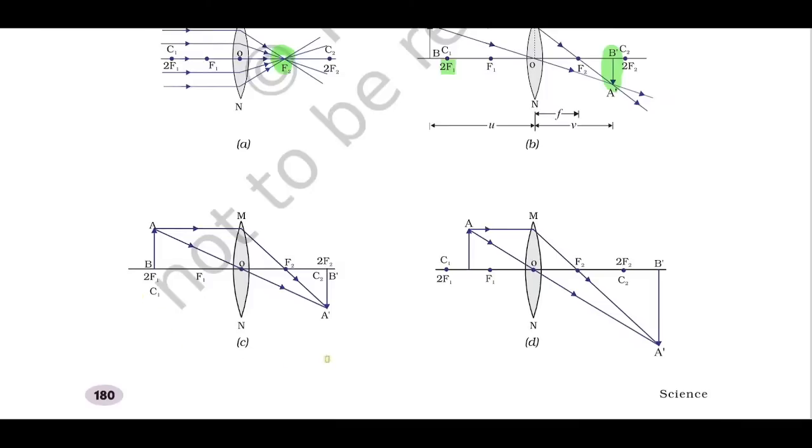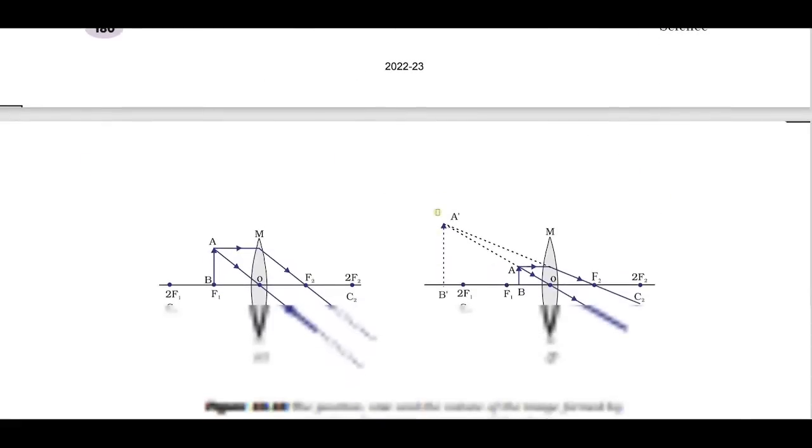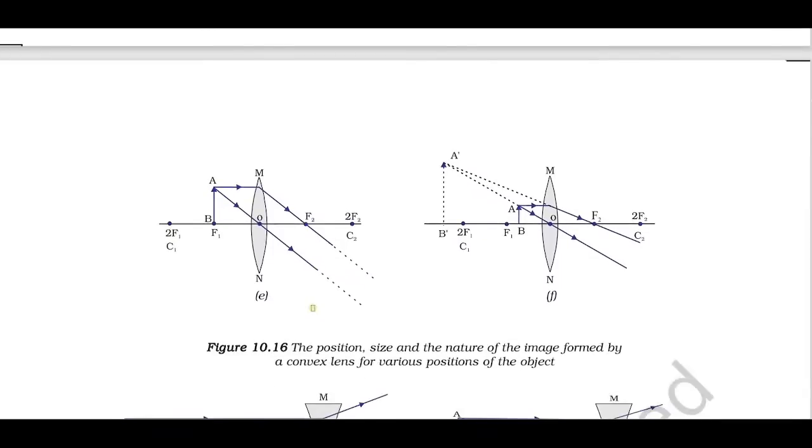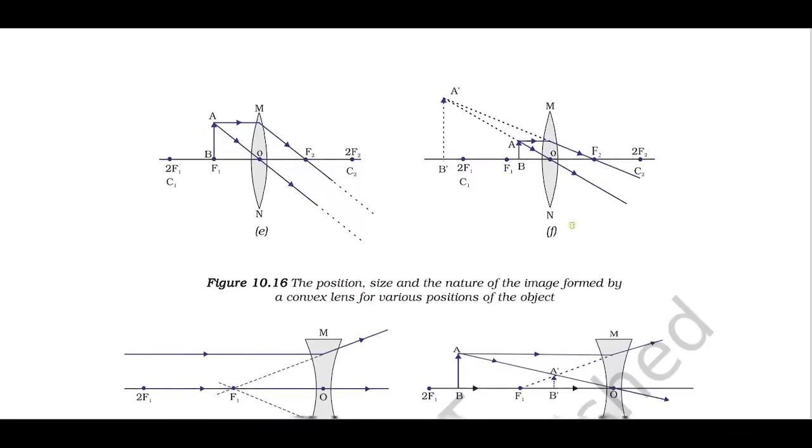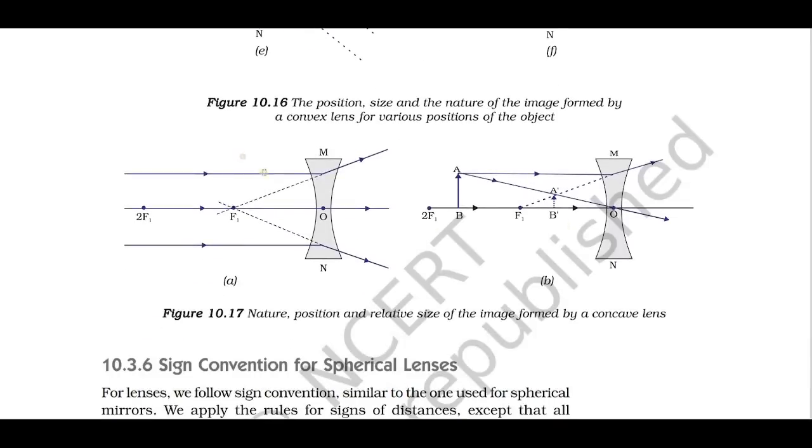It is real and inverted. When the object is placed at F1, that is the principal focus, the image is formed at what? Infinity. It is highly enlarged, real and inverted. If the object is placed between the principal focus and the optic center, the image formed is enlarged. It is virtual and erect.